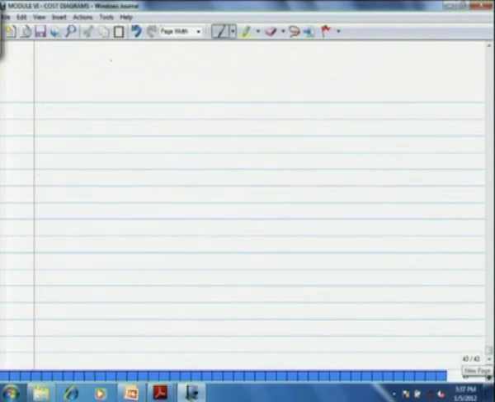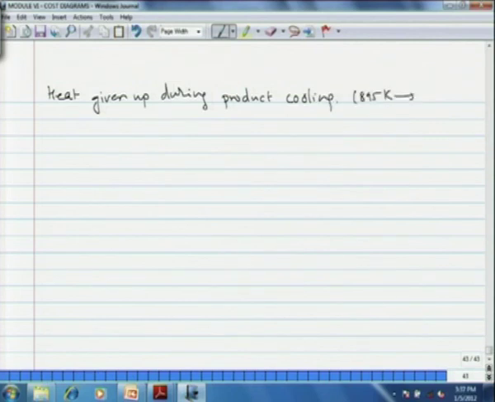Now, we have to calculate the heat given up during product cooling from 895 Kelvin to 311 Kelvin. This temperature range is the same for all. First product, benzene: the total production rate is 300, the vapor heat capacity 82.